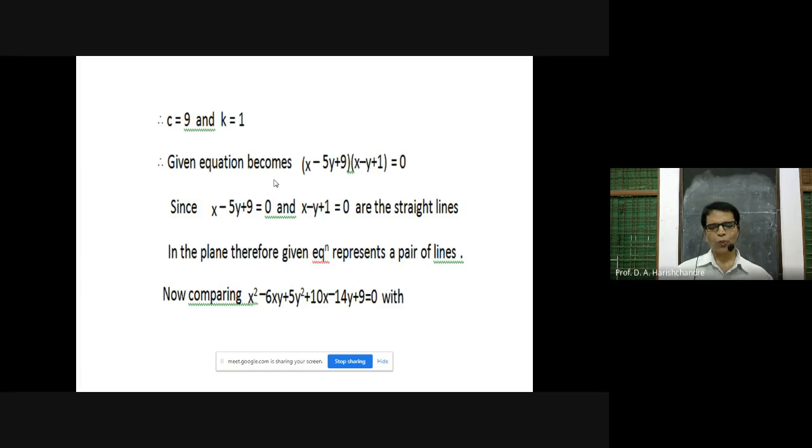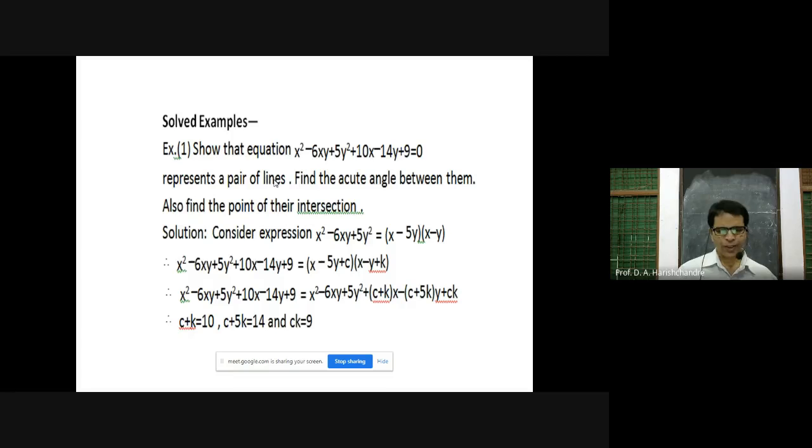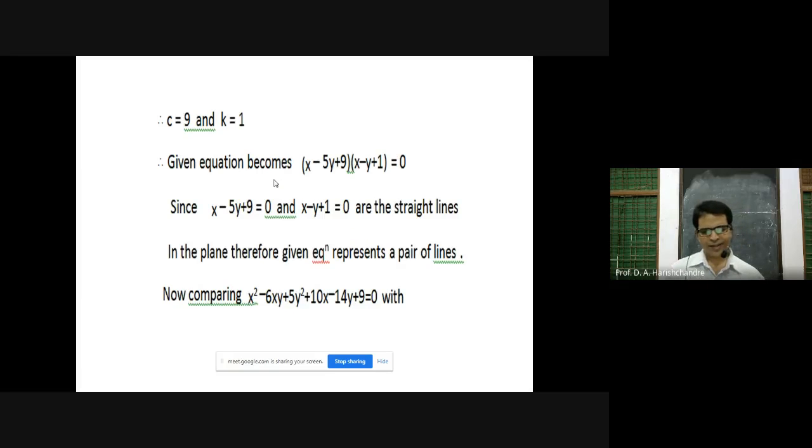Now the product of these two factors is 0, so each one of them can be equated to 0, so that you are getting the separate equations of two lines. And if you take the product of these two separate equations, you reach the original equation: x square minus 6xy plus 5y square plus 10x minus 14y plus 9 is equal to 0. So one can conclude that the given equation must be the joint equation of two lines.